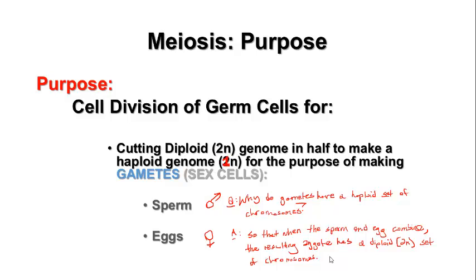So if you remember, in a human being, if you have a haploid set of chromosomes, you have 23 different chromosomes. You only have one of each type of chromosome: one of each of the 22 autosomes and either an X or a Y sex chromosome.